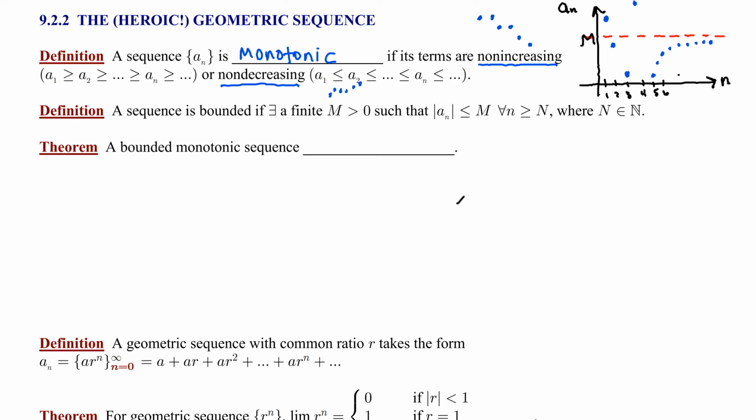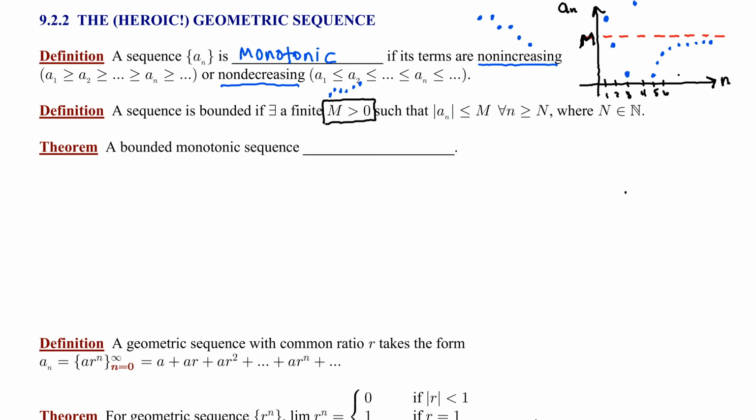So there is a finite number M, that's what I have up here on the vertical axis, such that the absolute value of the sequence term is less than or equal to this value M. So as you can see from our picture, most of the blue dots are below that red dashed line. And specifically, they are all below that horizontal asymptote at a particular subscript.